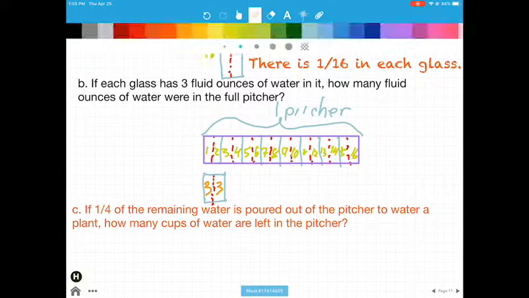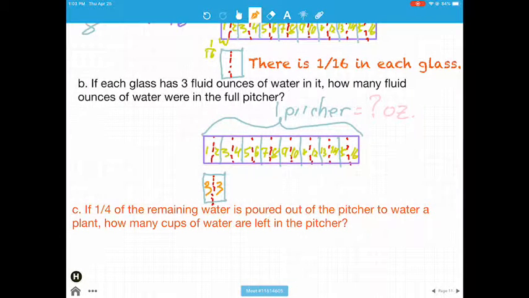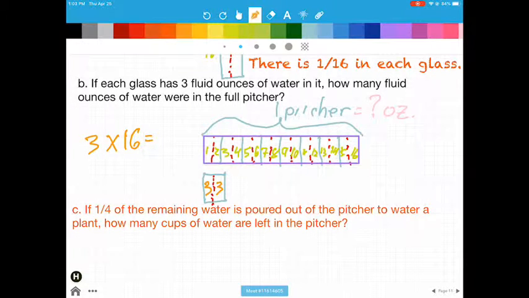We don't know the answer to that. So hopefully you see that we have 3 times 16 as our problem. That's 18, that's 48. So there are 48 ounces in the whole thing.